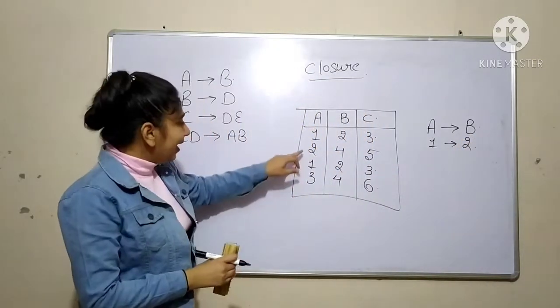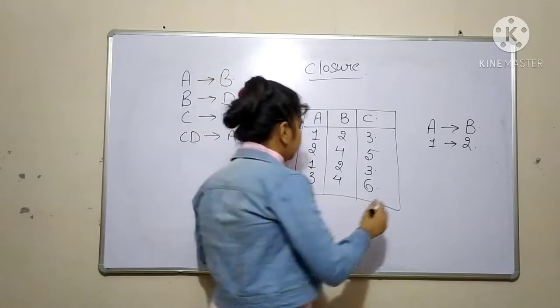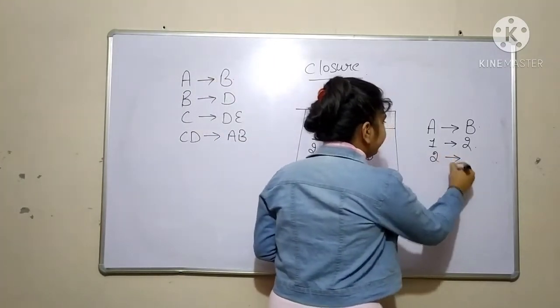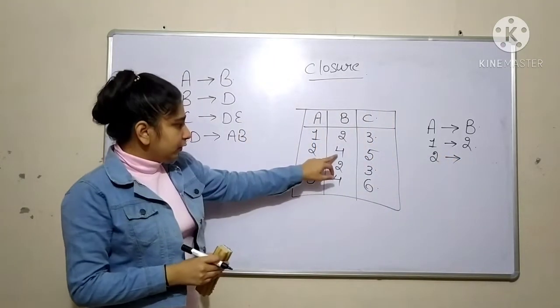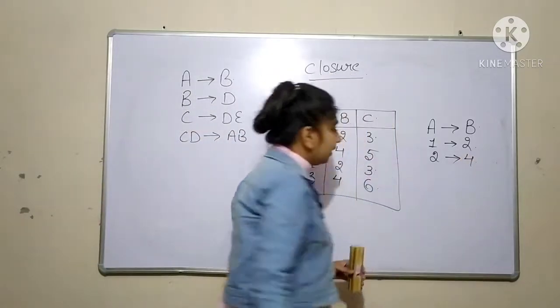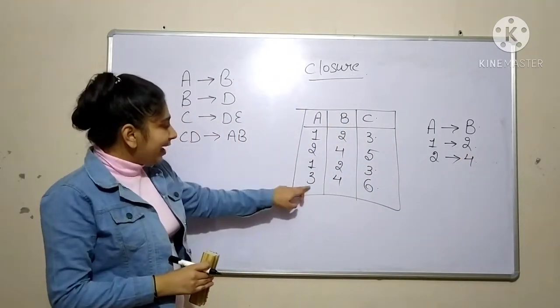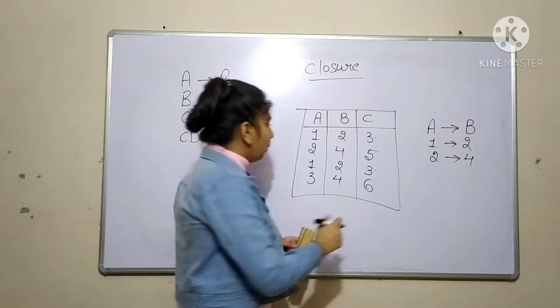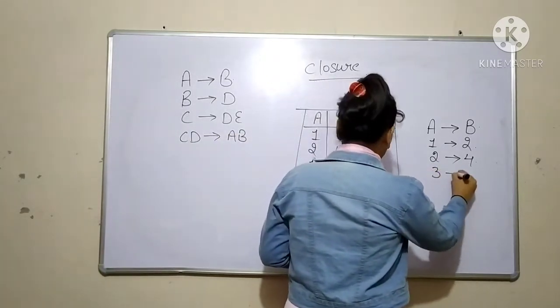If the value of A is 2, what is the value of B? 4. If the value of A is 3, what is the value of B? 4.